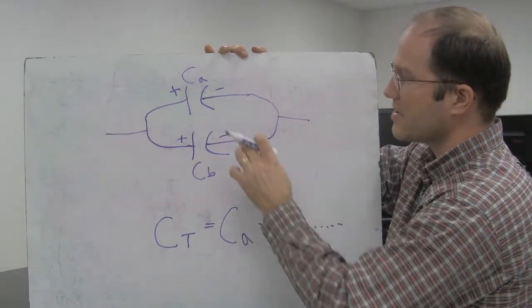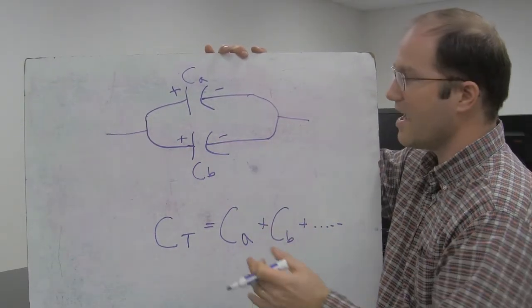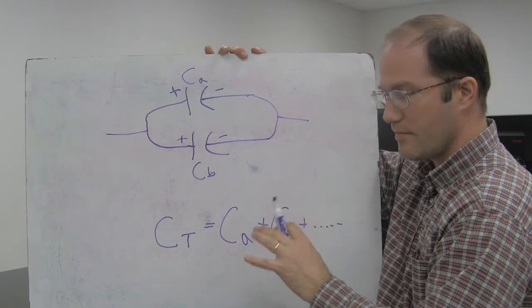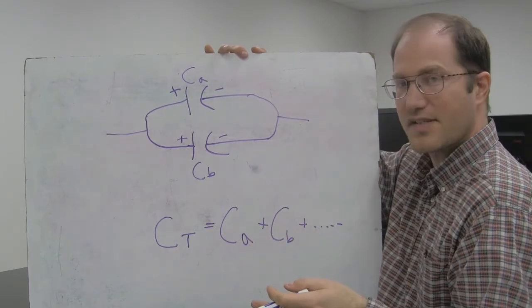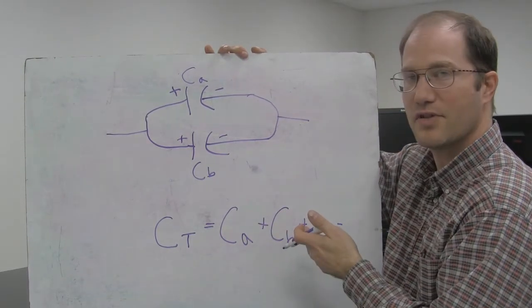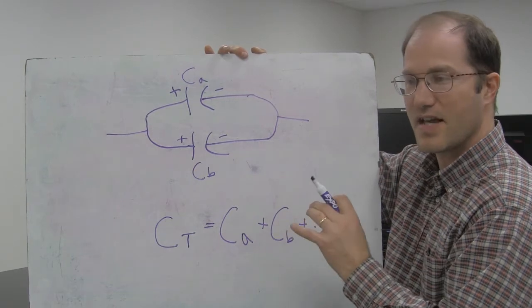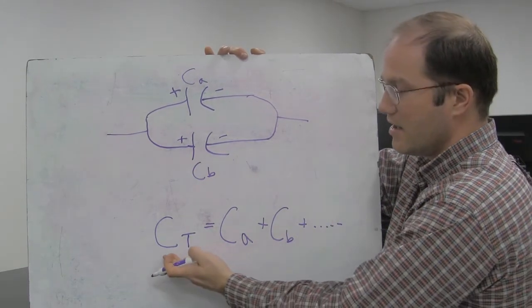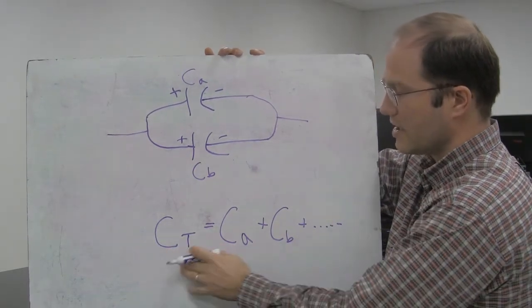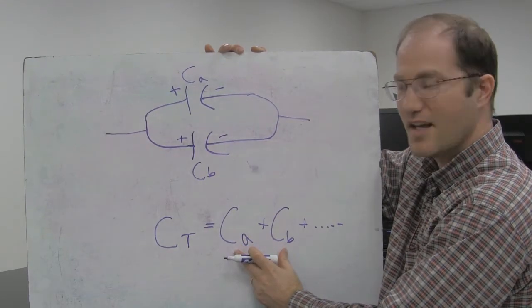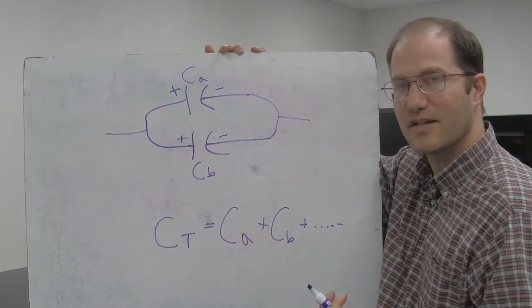You put these two capacitors in parallel and plot a voltage versus time curve, fit the exponential to it, determine the capacitance of that circuit, and then see, did that work out? Is it really just the sum of these two capacitors? You'll be able to determine that experimentally.